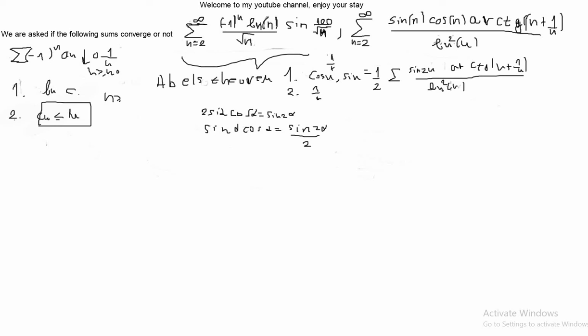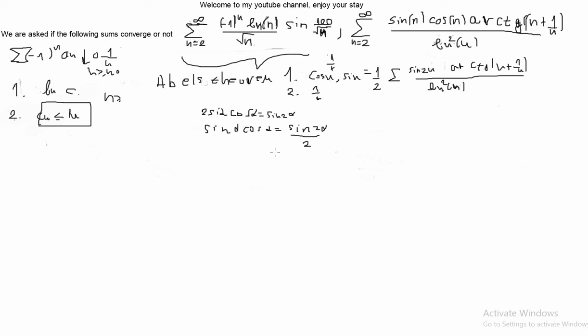What we can see here is that now it looks similar to this. We have sine of n, sine of 2n, 3n, 4n, 10n, all those numbers, where n is from the integers, so we can apply Dirichlet's theorem. And with the sine we need to have something that's monotonically dropping, and obviously ln to the power of 2 of n is monotonically dropping.